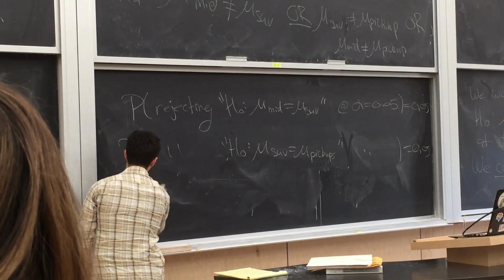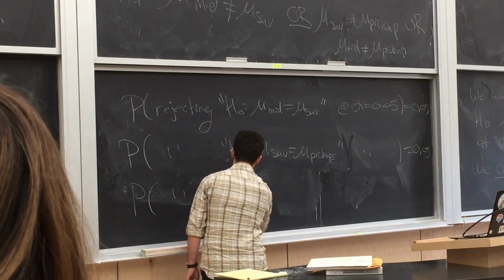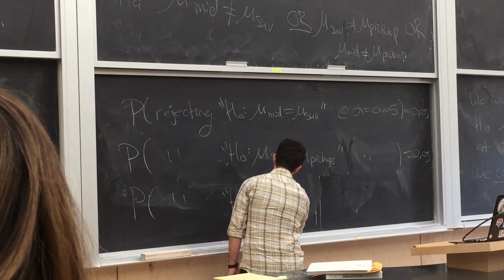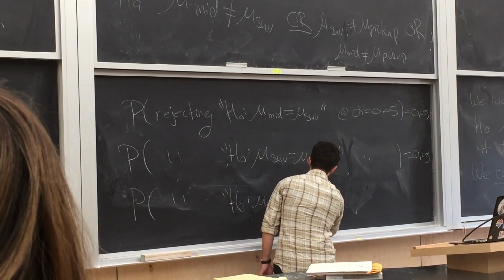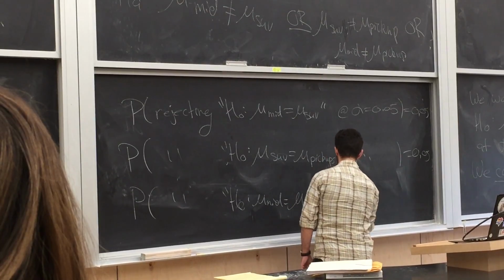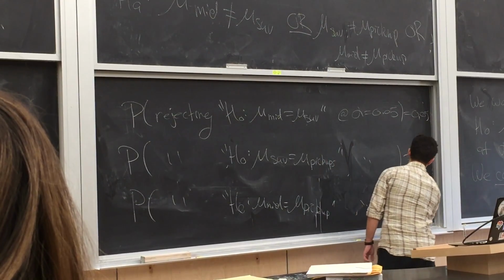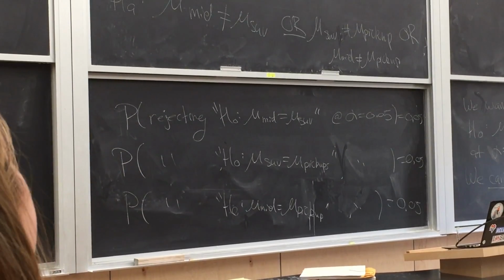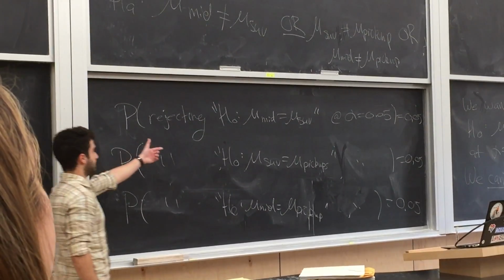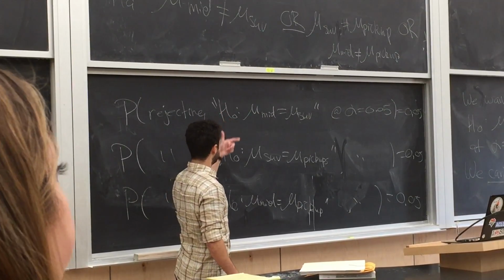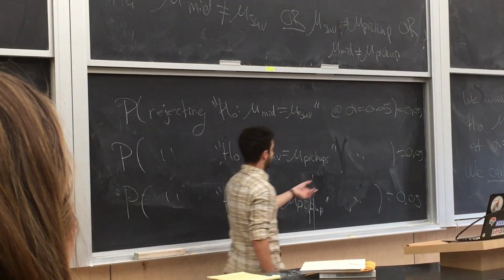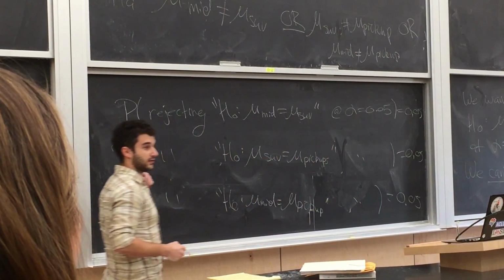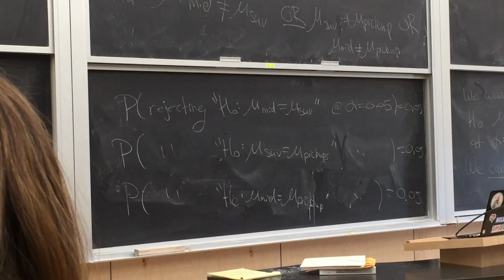Same thing for the probability of rejecting the last pair of comparisons, mu mid equals mu pickup, is 0.05. So if we're running each of these individual tests at alpha 0.05, the probability of rejecting any one of those is 0.05.